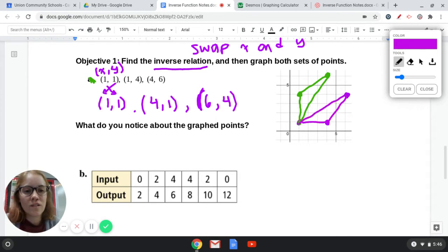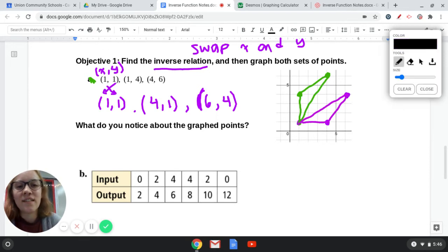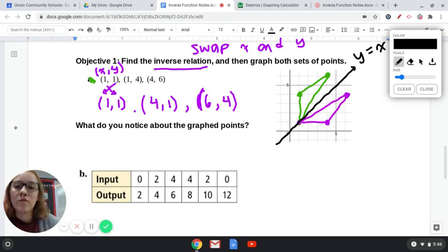You see how they look very similar to each other? They're just kind of flipped over a certain line. And remember what that line is. That line is the line y equals x, which goes straight diagonally across our coordinate grid. So, what do we notice about the graphed points?